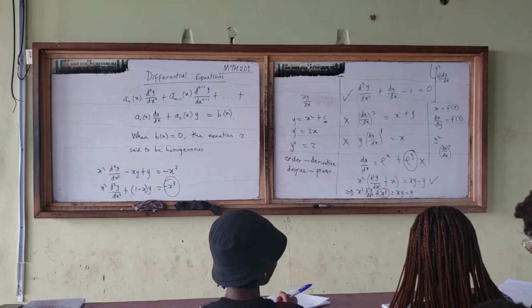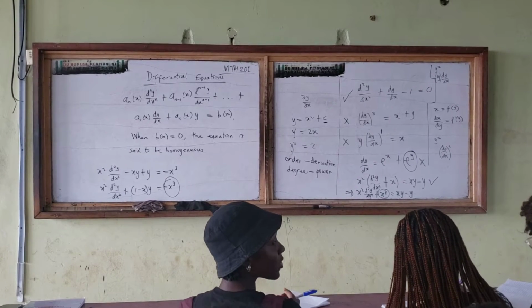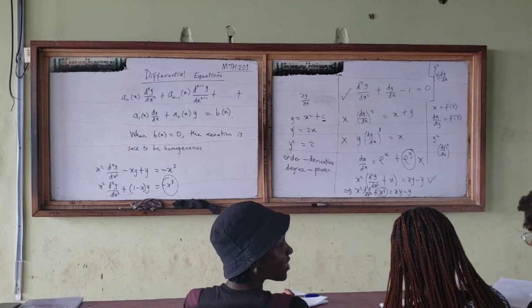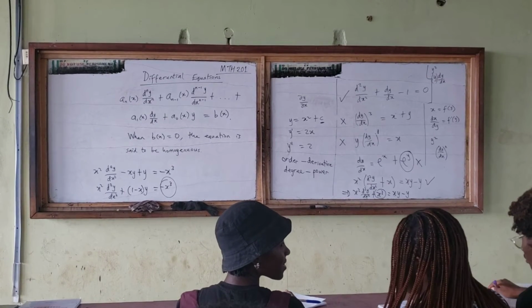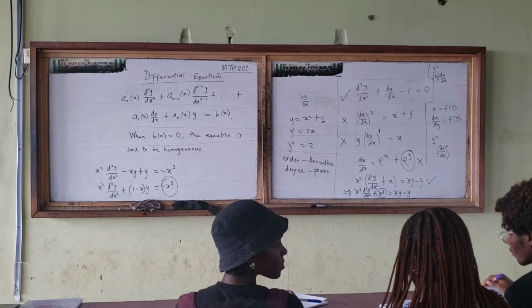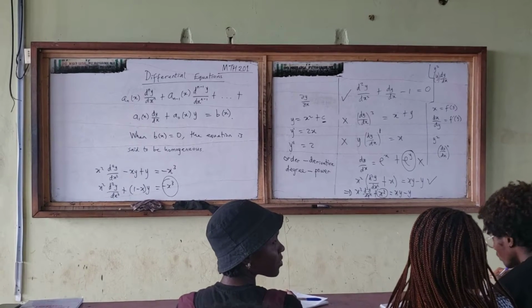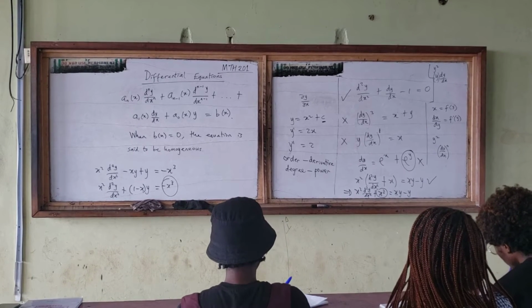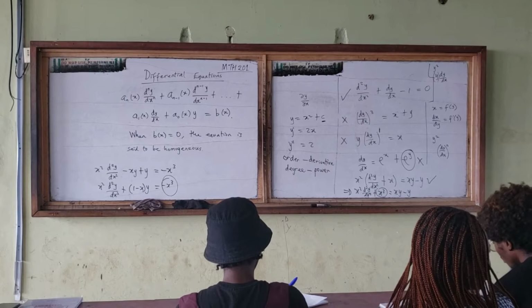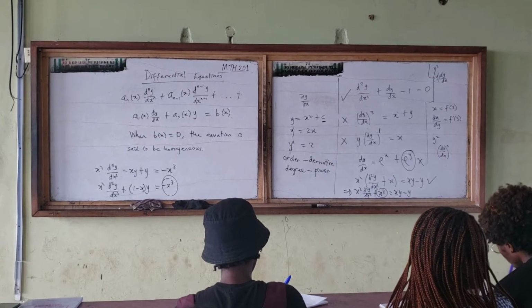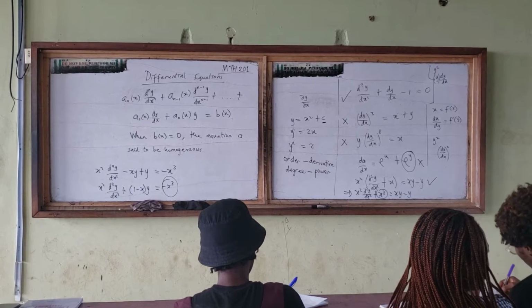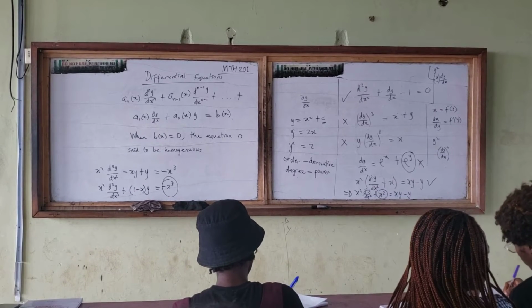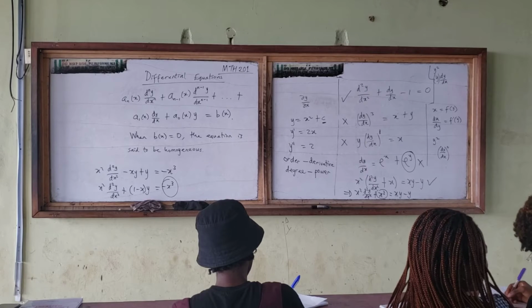Now you read the definition again. You either have just y or its derivative standing alone, not as functions inside some other functions. That was why e raised to power y made that one non-linear. Because e raised to power y is some function of y. You cannot have e raised to y together. You cannot have power of y.